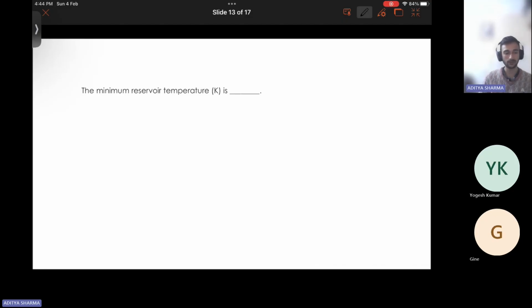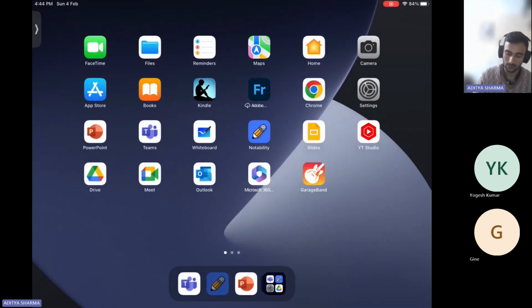This is also straightforward. Please work this out. I'm also working this out.